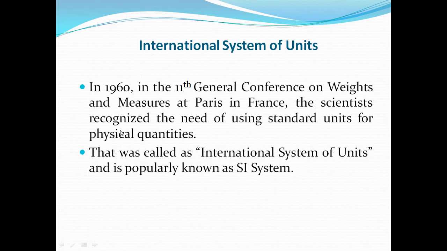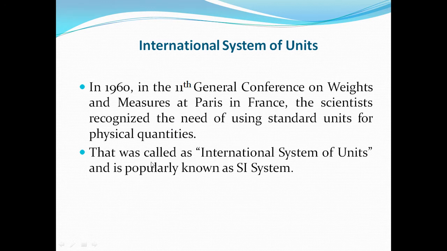Nowadays we use the SI system, which is used for perfect measurement and is internationally acceptable. Internationally, to measure physical quantities we need standard units.